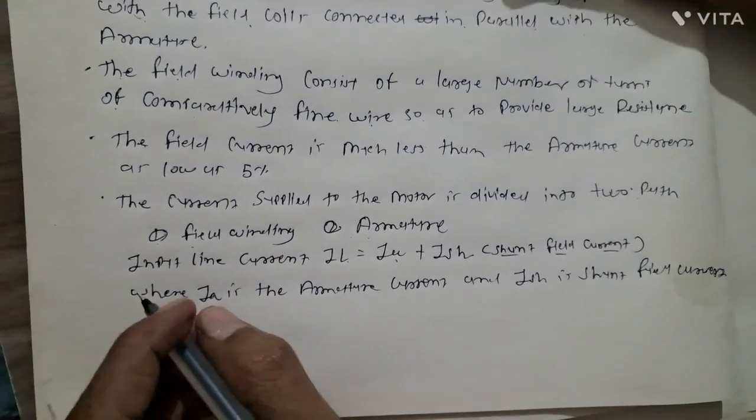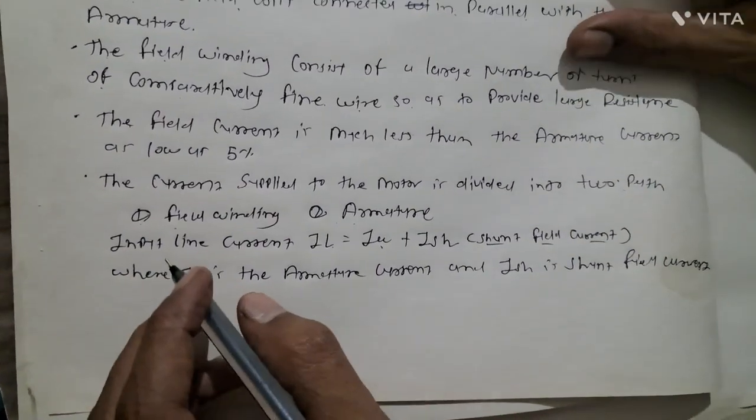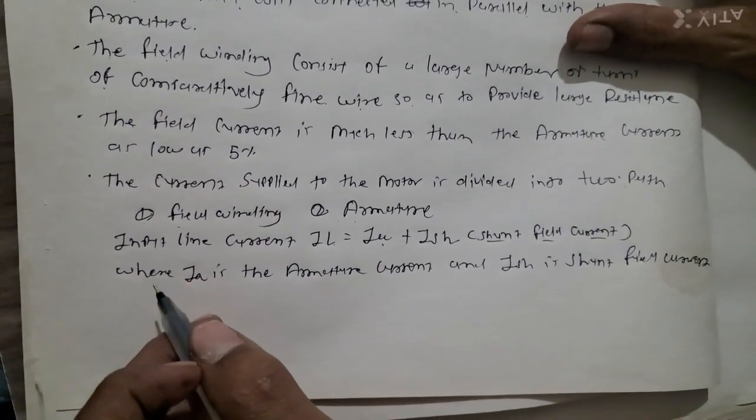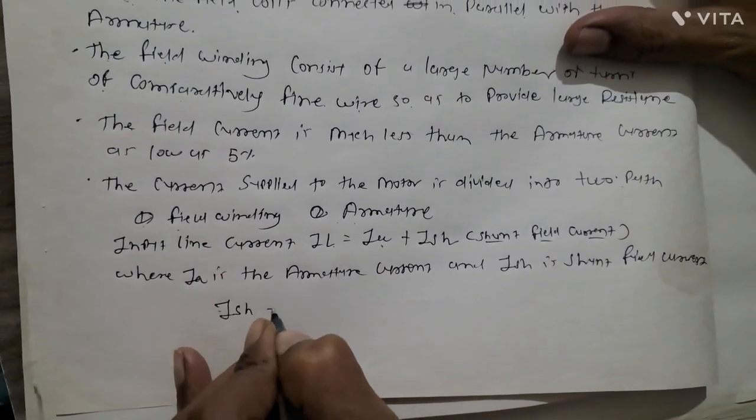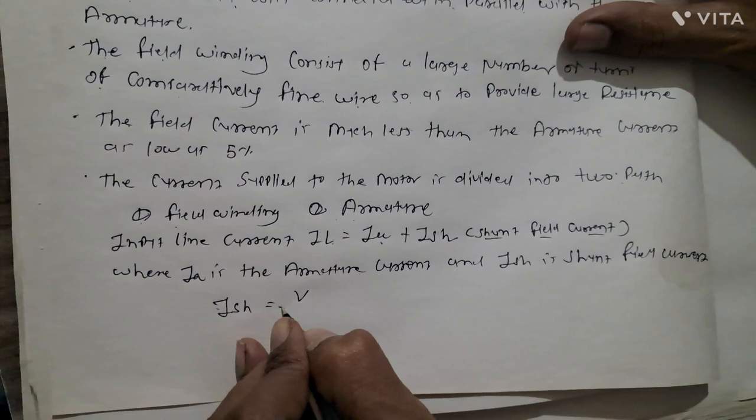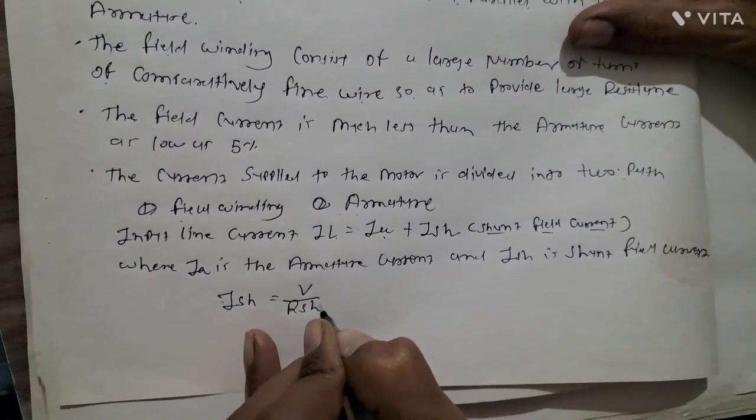The current is given by the expression ISH is equal to V upon RSH.